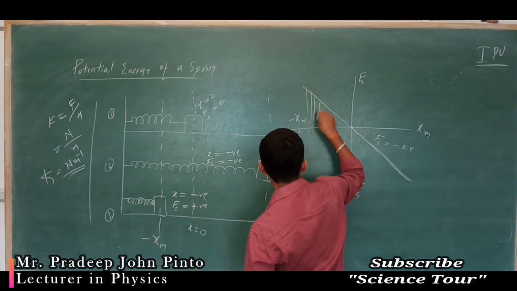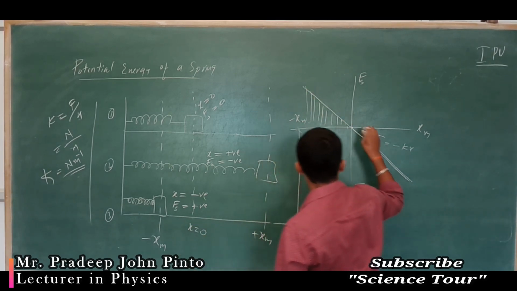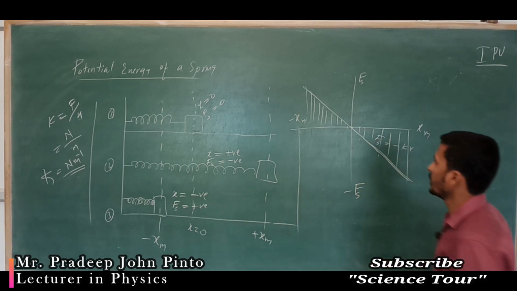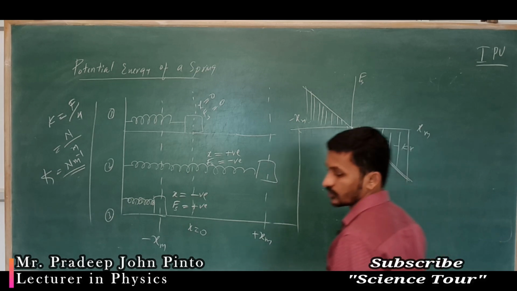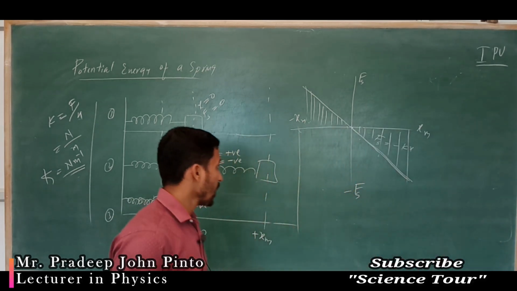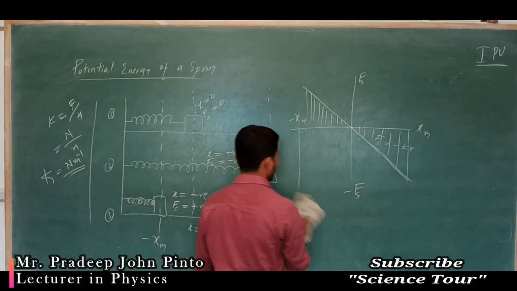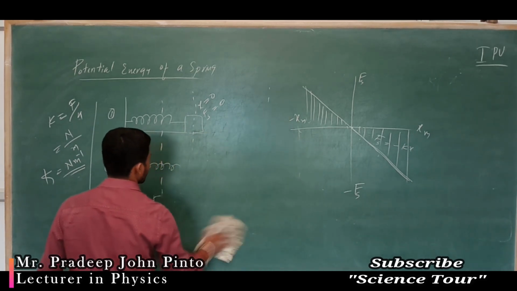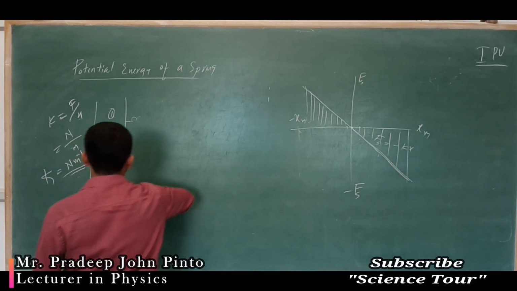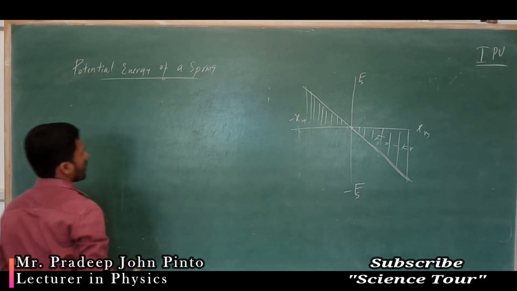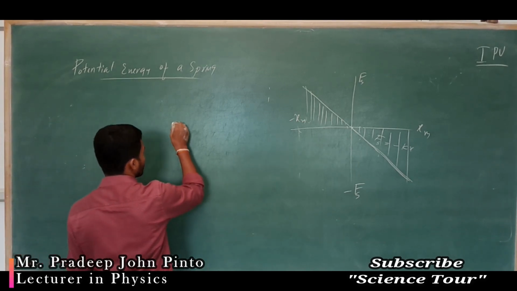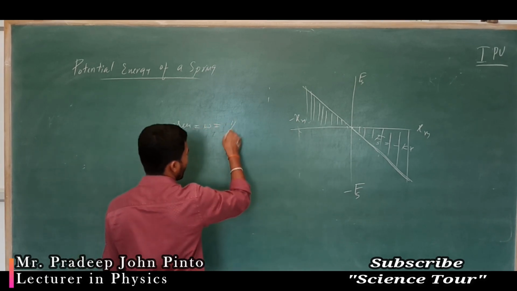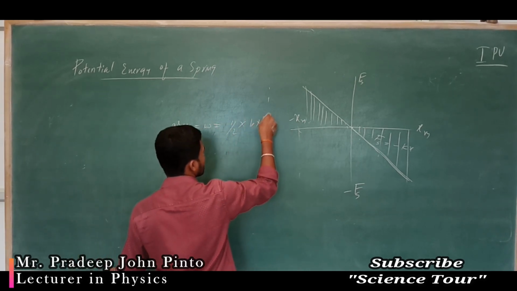Now here the force is positive but the displacement is negative. I have to get this area or else this area, so that I can find the work done. The area is nothing but half into base into height, the area of the triangle. So the area is the work done, which is equal to half into base into height.